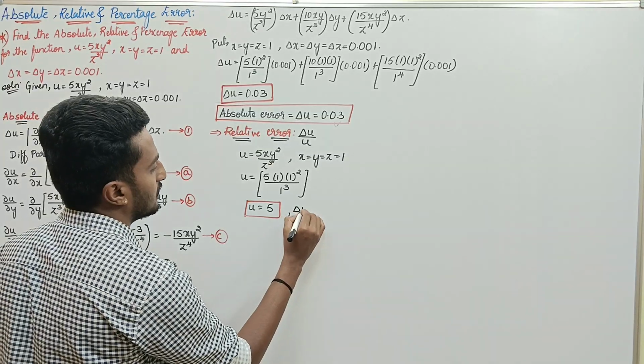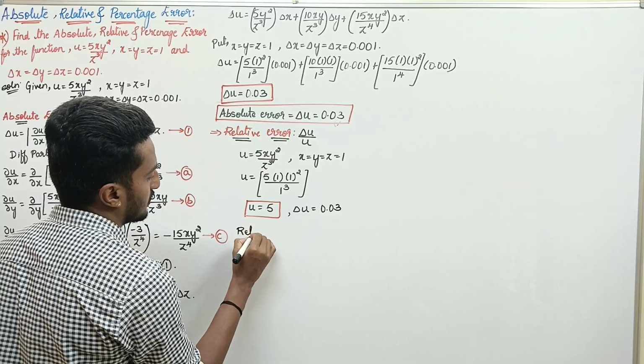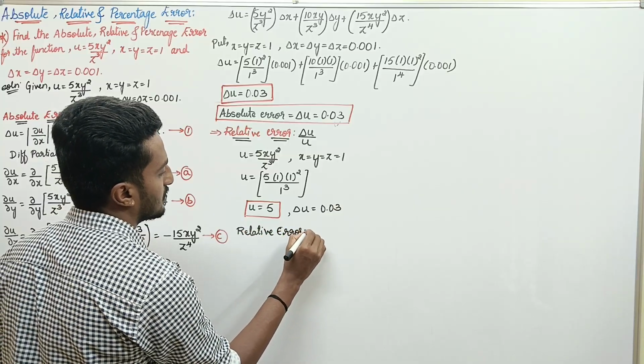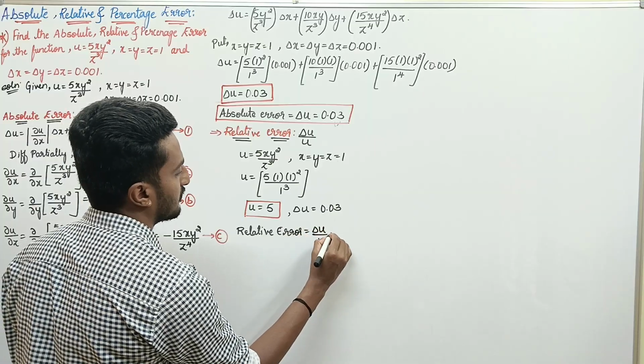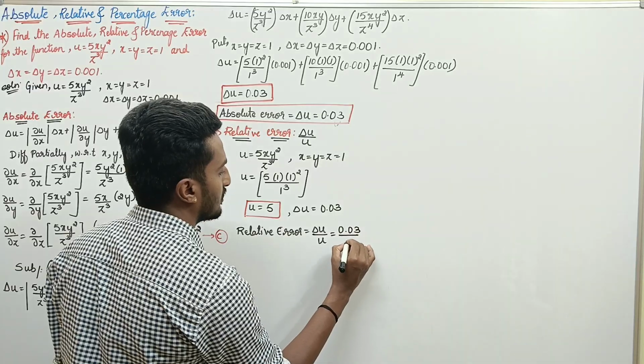We have the value of u and we have the value of del u, that is del u equal to 0.03, where relative error is equal to del u by u, that is 0.03 divided by 5.